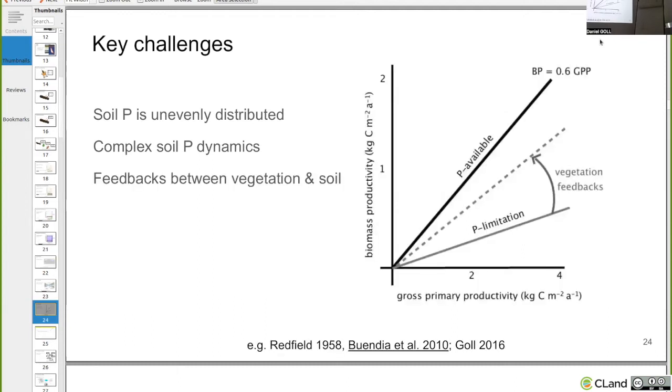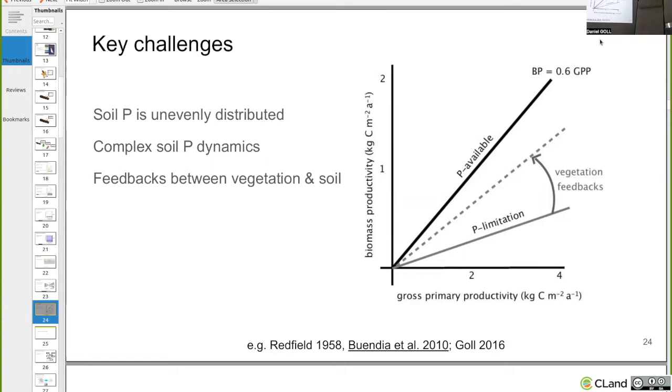To make things even more complicated, the carbon sink is mediated by vegetation, and vegetation is not passively just taking what's in the soil, but it can also influence what's happening in the soil by exuding chemicals or carbohydrates to fuel the life of the soil organisms, which then can increase the phosphorus availability.